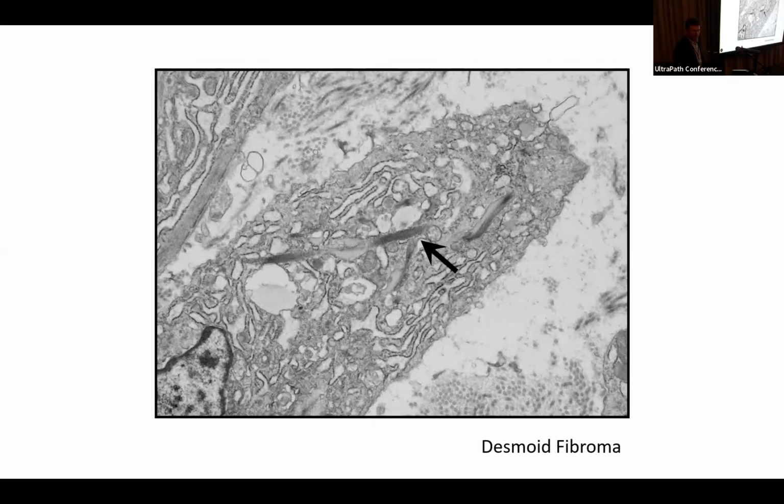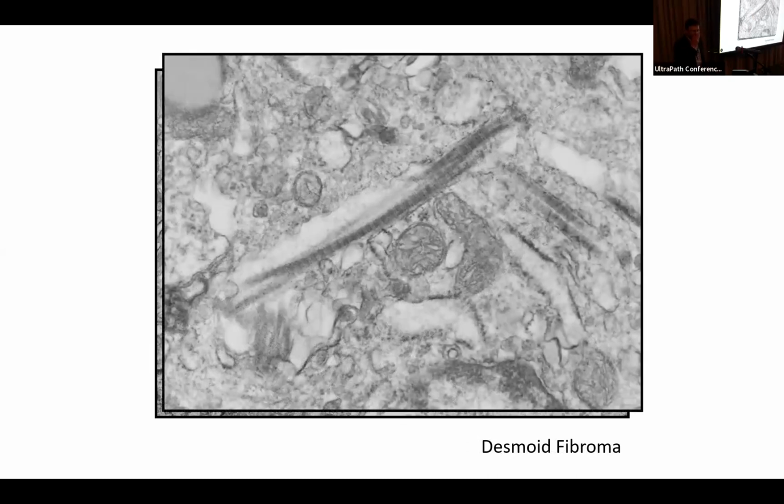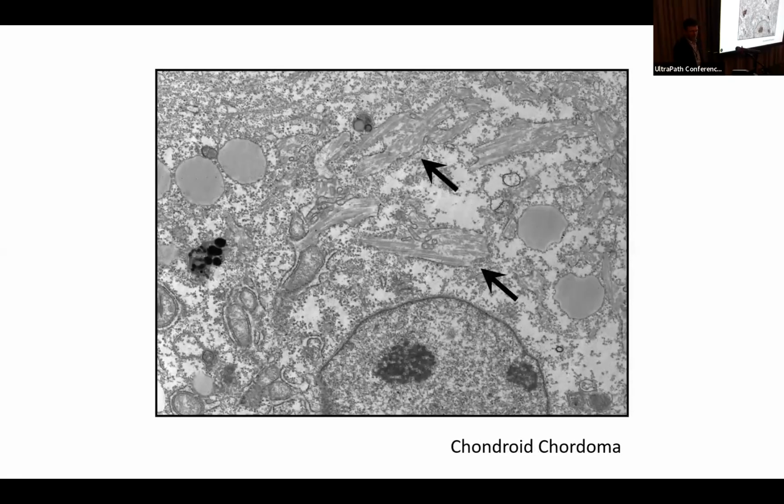The contents within the endoplasmic reticulum can also be informative. Here you can see collagen being made inside the ER. So here's collagen fibrils, and that's typical of a desmoid fibroma. Tubular structures.